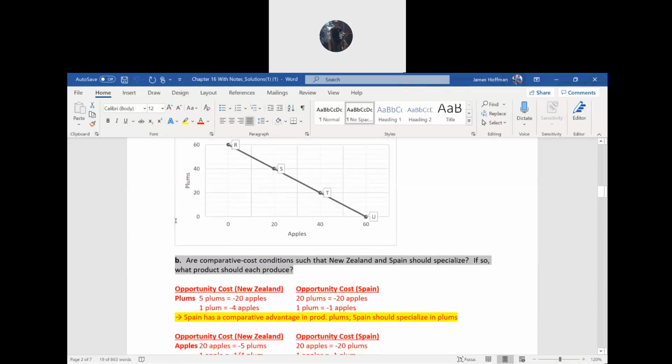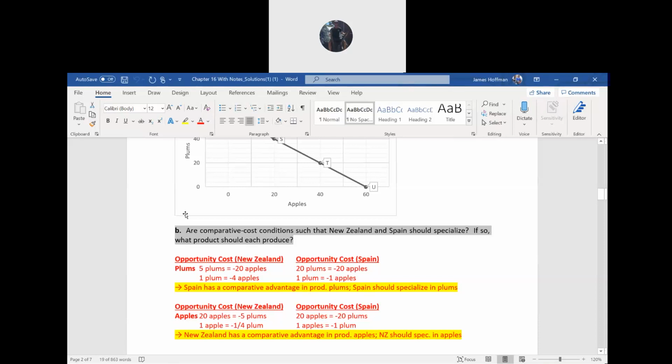Okay, so we're trying to determine the opportunity costs of both goods for both countries, then figure out which country has the lowest opportunity cost. They're going to specialize in the one they have the comparative advantage in and produce only that, and that'll be the same for both countries.